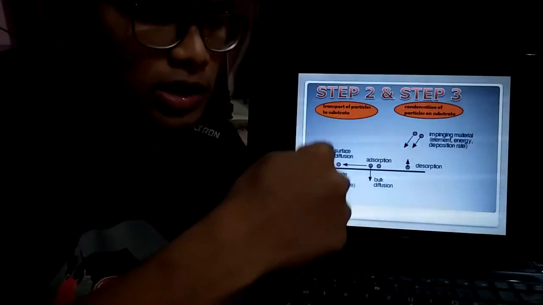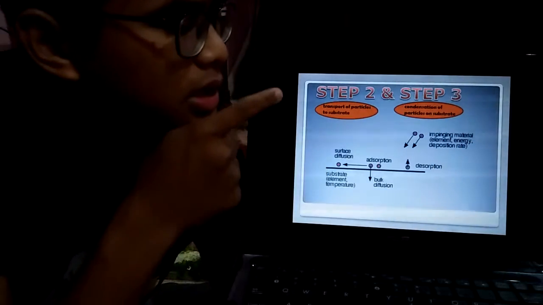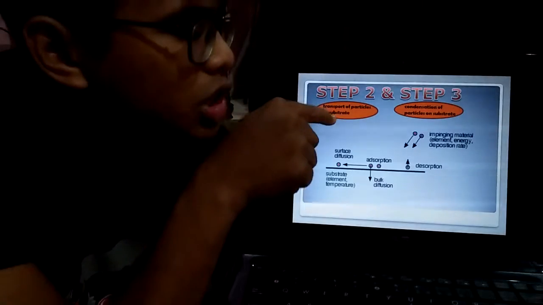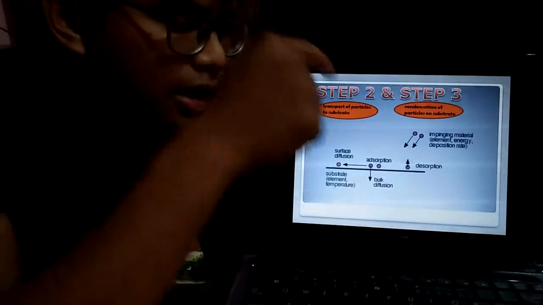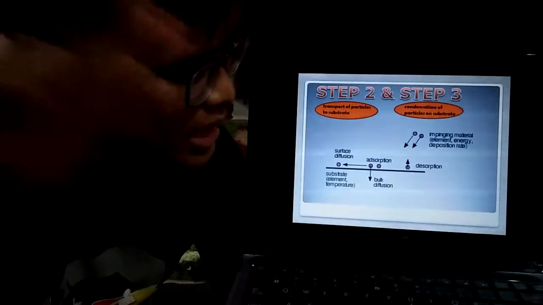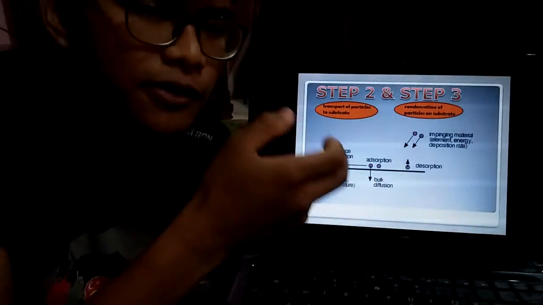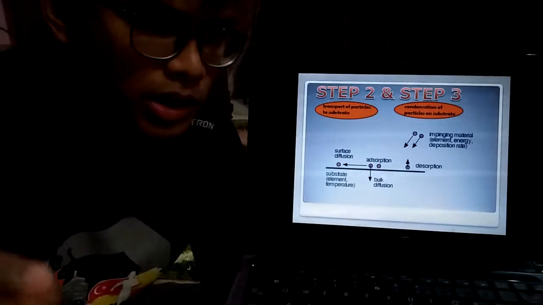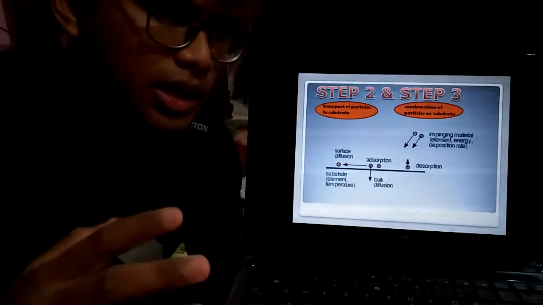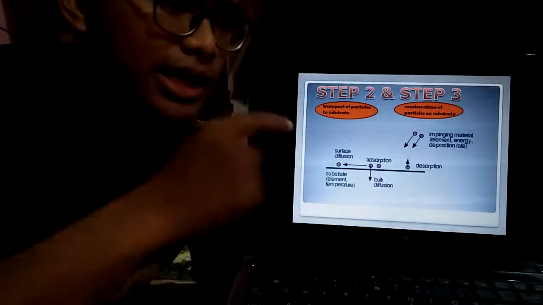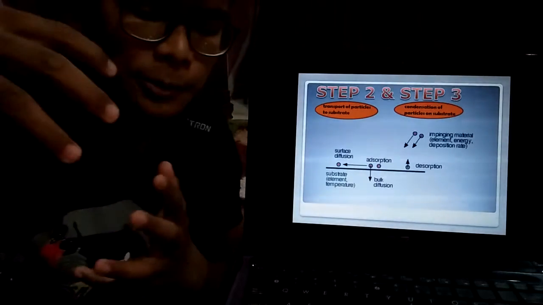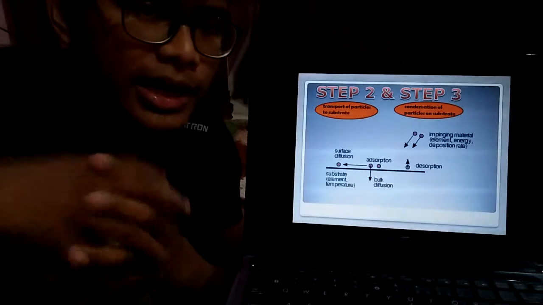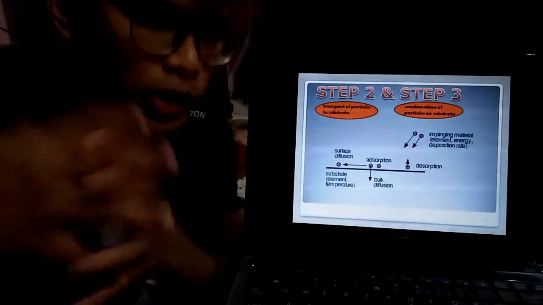The journey from the original place towards the substrate is the second step, the transport of particles. And the third step generally is over here. The absorption, desorption, adsorption, and surface diffusion are all condensation of particles on the substrate. In other words, it is the process of combining the emitted particles with the substrate.